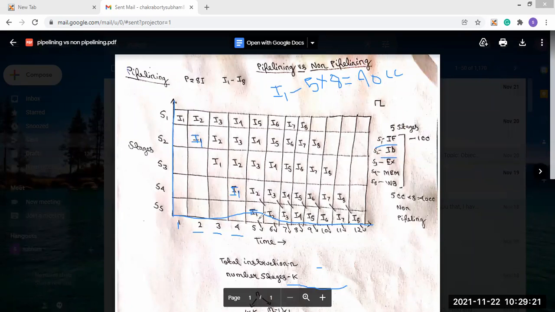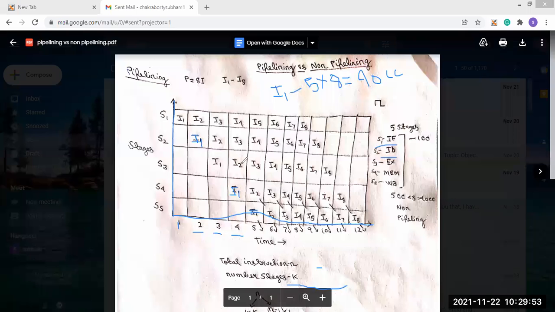So in this fifth clock cycle, 5 instructions are present, one instruction in each stage. That is the difference.